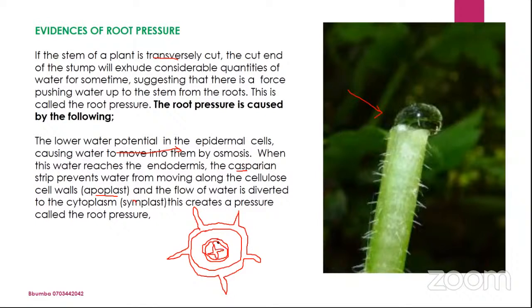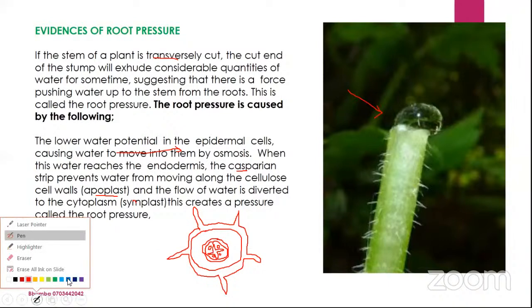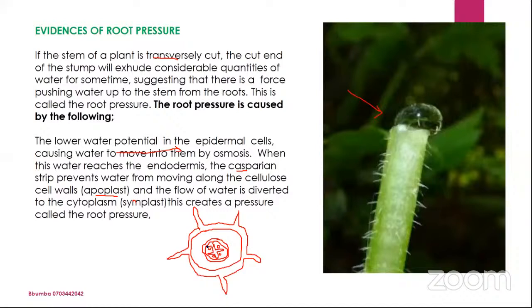And normally the phloem is on the side, like that. Now, when you cut out this part, this is what you must know in order to understand root pressure.